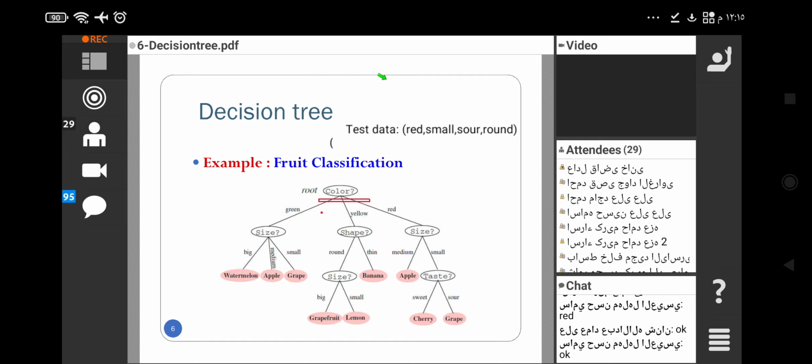And then this is a test data, and in the test data, we have a fruit. The color is red. The size is small. The taste is sour, and the shape is round. Do you understand this? This is a data that we want to classify.